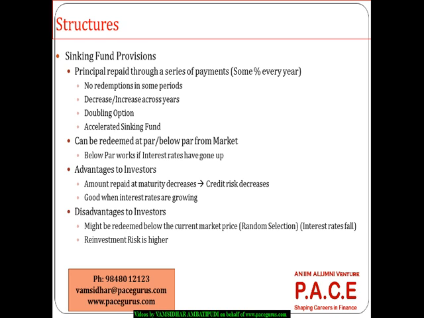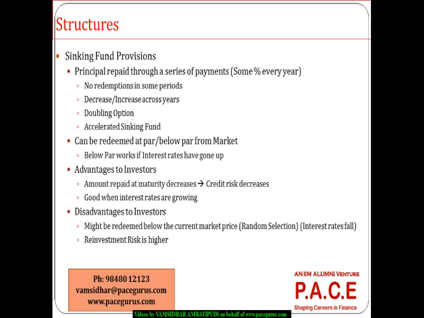But based on the sinking fund provision, the company can buy back the bond at a lesser price itself. So the investors may not be willing to surrender their bonds voluntarily in case the interest rates are lesser and the market price of the bonds is much higher than the par value. In that case, generally the trustees will try to identify those particular bonds on a random basis.